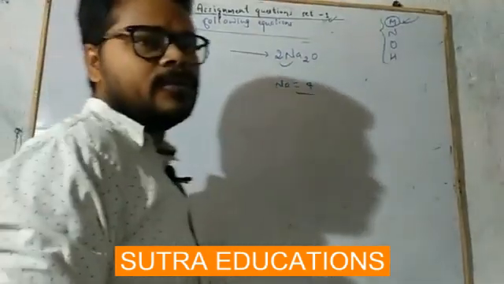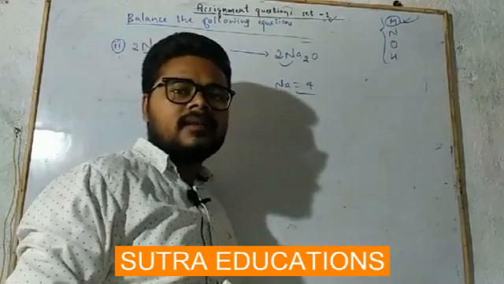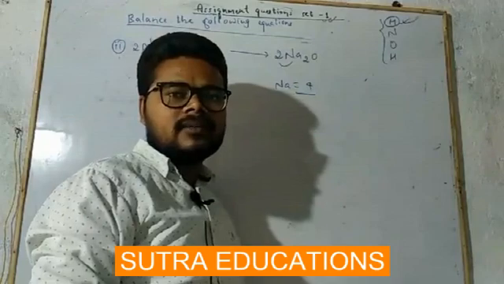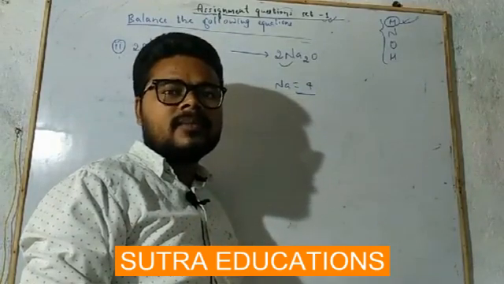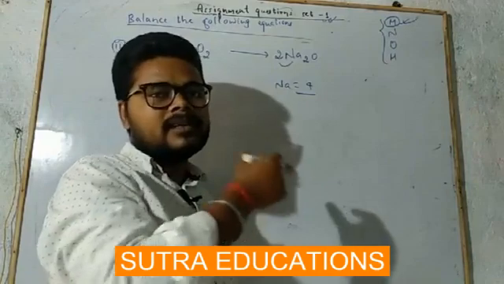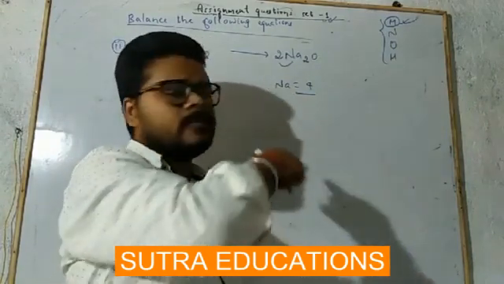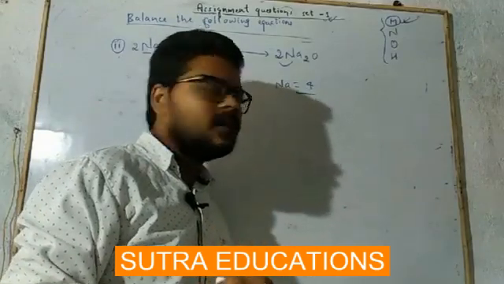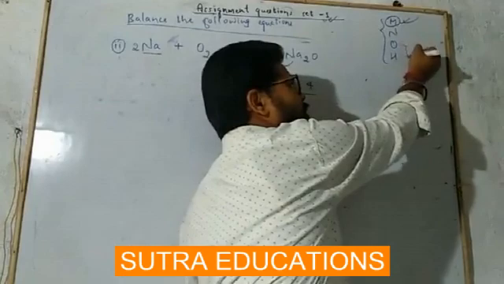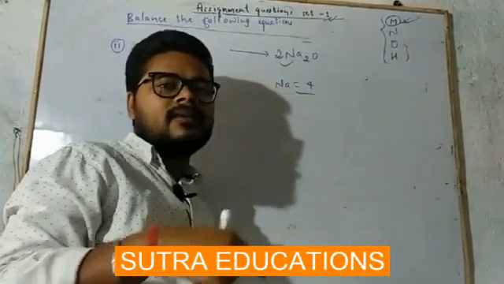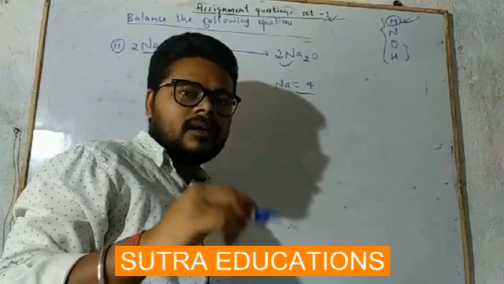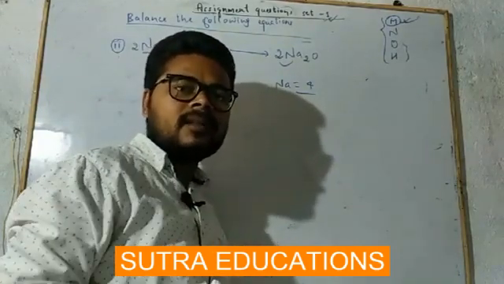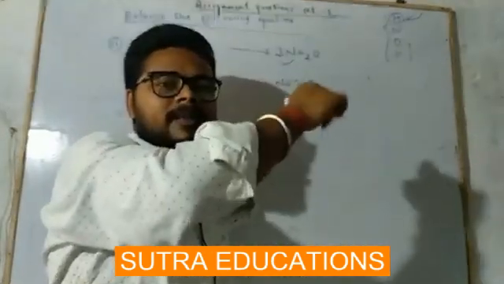I have told you, once you have balanced metal, then just look for the non-metal. Here metal was sodium, so after balancing sodium, I just simply looked for non-metal, but non-metal is not present here. Oxygen is non-metal, hydrogen is non-metal, but in the balancing I have told you we will not consider these as non-metal. Other than oxygen and hydrogen, we will suppose them to be non-metal, but for oxygen and hydrogen a special case is given there.